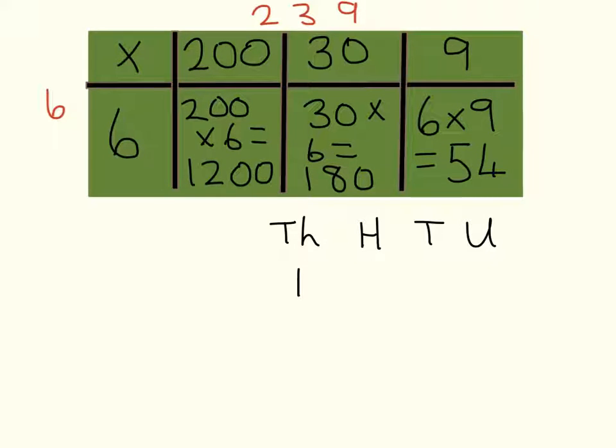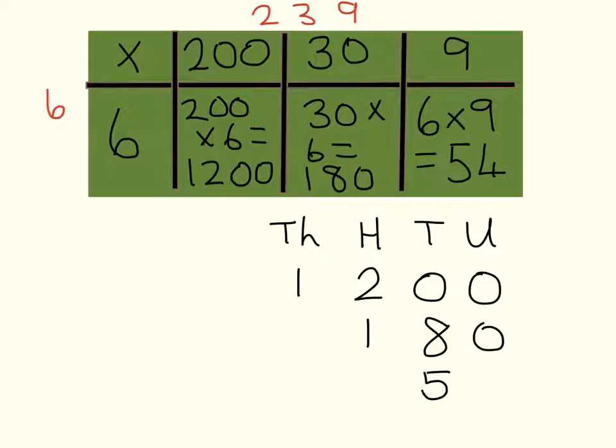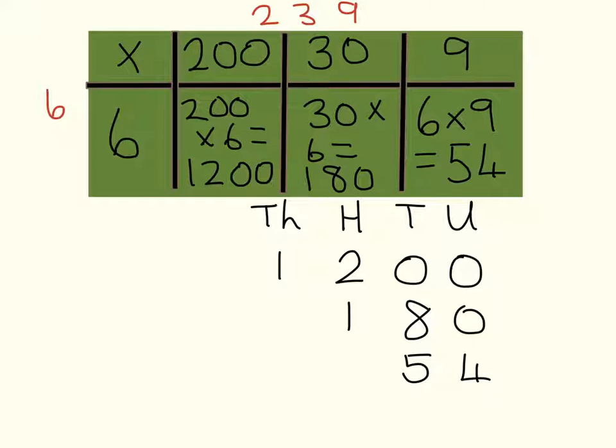So it has 1,000, 200s, no tens and no units. 180 has 100, 8 tens and no units, and 54 has 5 tens and 4 units. I'm then going to add up these numbers to find the answer to our multiplication question, 6 times 239.